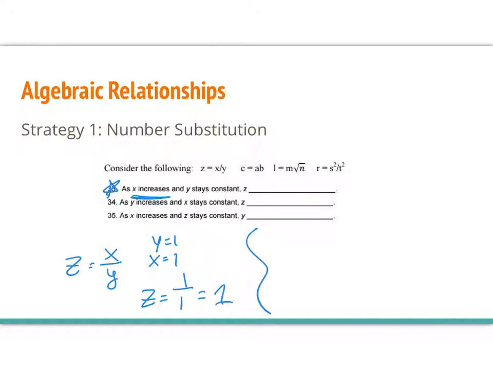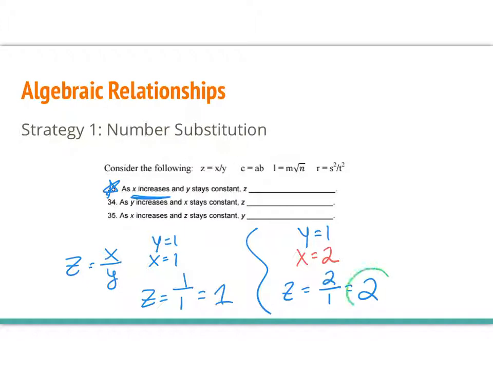Now I need to figure out what's going to happen as I increase x. So we're going to keep y the same. That's the most important part about this. And now I'm going to change x to equal 2. Let's plug that in. I have z equals 2 over 1 equals 2.